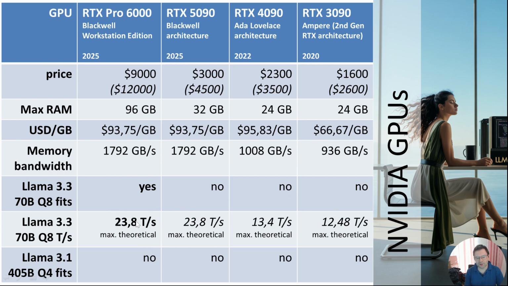Of course, since I calculate this using the memory bandwidth, it's the same on the RTX Pro 6000 and RTX 5090, same memory bandwidth, 1792 gigabytes per second. And as you see, there's not too big of a difference between the RTX 4090 and RTX 3090. And the Llama 3.1 405 billion Quant 4 does not fit into a single one of these GPUs. You will need to cluster them.